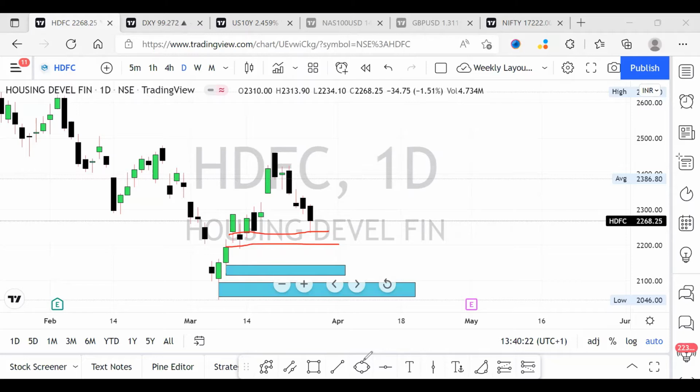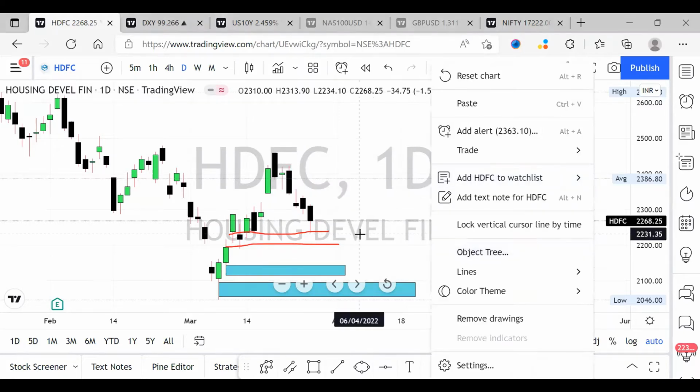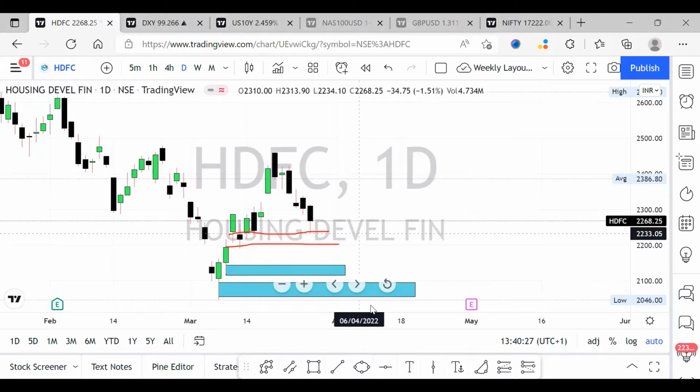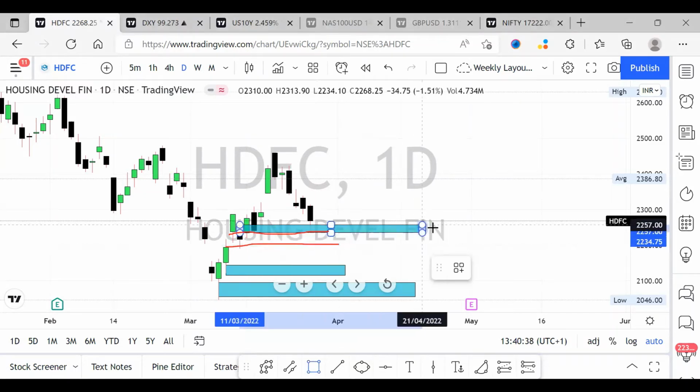So where we would do this is we now look at what happened on the hourly. That'll be easier for you to understand. Let's mark that zone here. So now look at it from the hourly point of view.